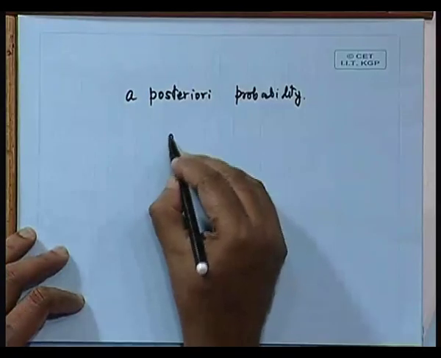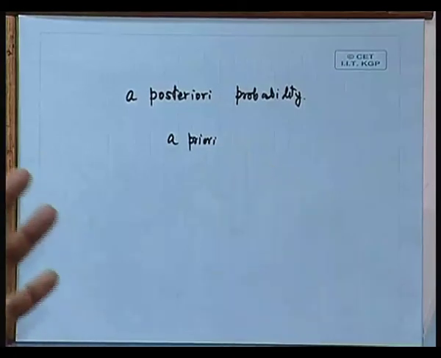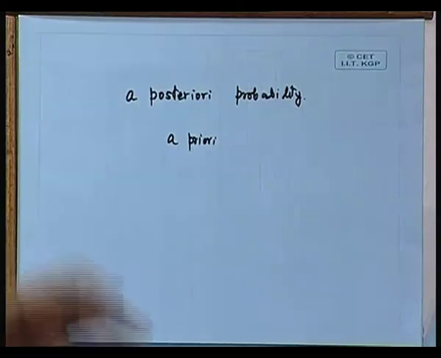Are you familiar with this term? You know what a priori is. A priori means that before feeding, you already know it; you are starting with the knowledge, whereas a posteriori means that after getting the data you know what it is.